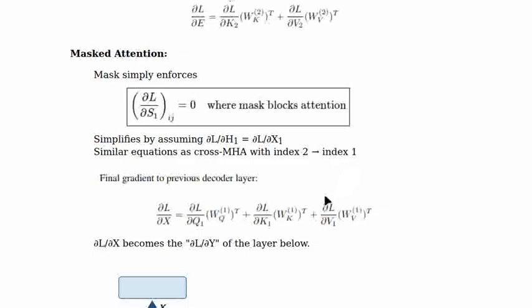And here the final gradient to the previous decoder layer is dl dx equals dl dQ1 WQ transpose and dl dK1 WK transpose plus dl dV1 WV transpose. And this dl dx becomes the dl dy of the layer below.